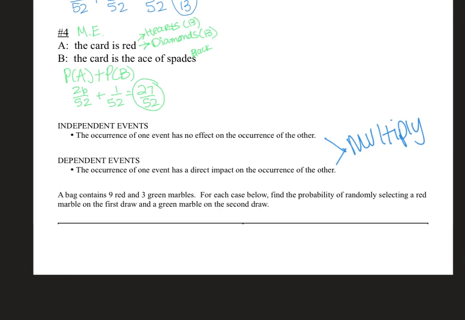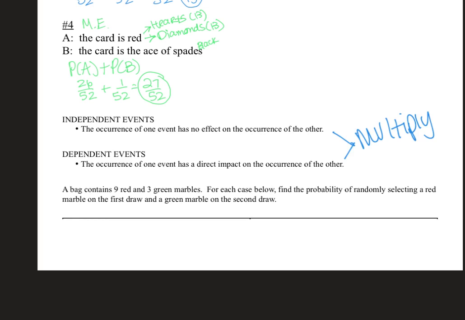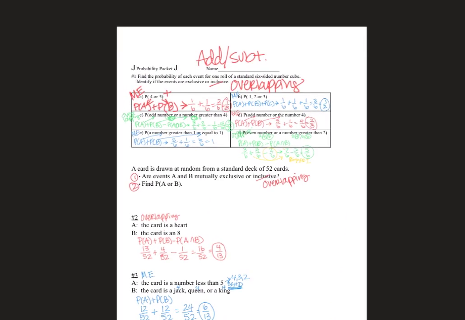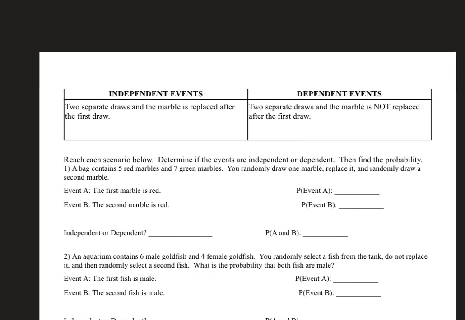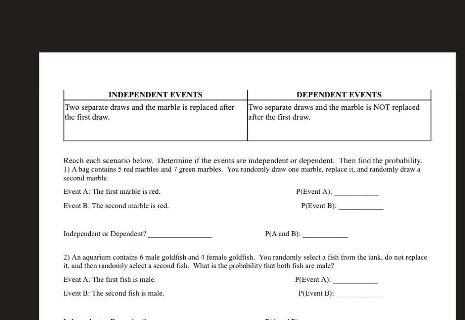Okay? So you have a bag that has 9 red marbles and 3 green marbles. For each case below, find the probability of selecting a red marble on the first and a green marble on the second. So what I'm going to do, if you are mutually exclusive or overlapping, you're adding and subtracting. Mutually exclusive and overlapping are or statements. For this table here, I'm going to put that sentence into play.